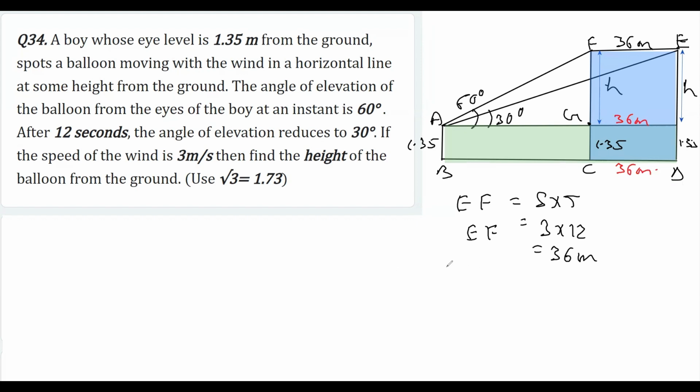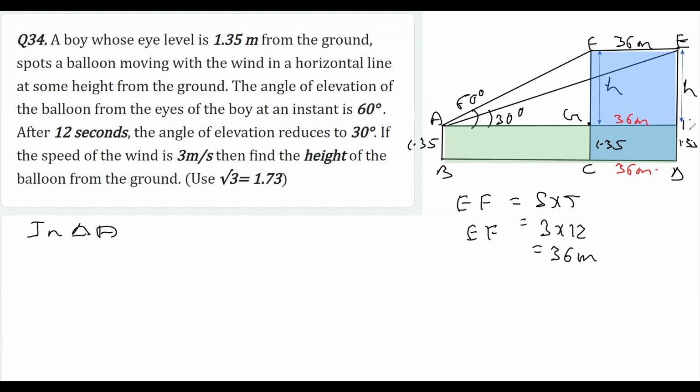Now we are going to apply the trigonometric ratio. First I'm applying trigonometric ratio in this triangle. This I haven't named, right?